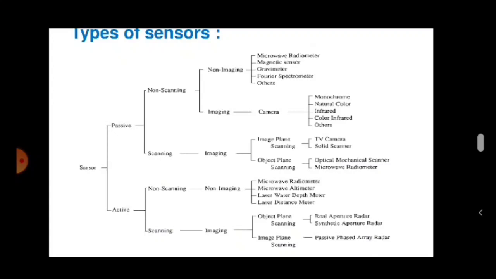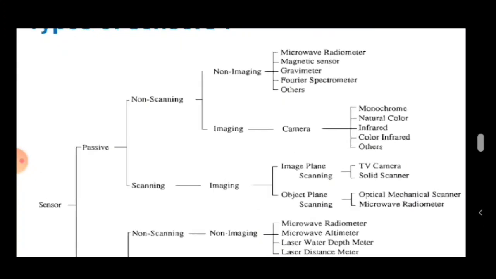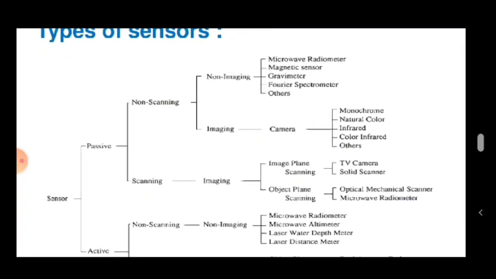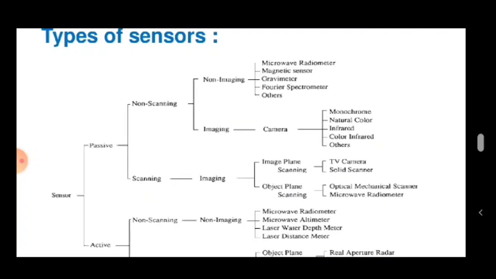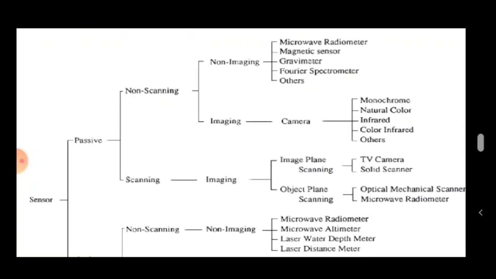And passive sensors are the sensors which detect reflected or emitted electromagnetic radiation from natural sources. So there are two types. Then passive sensors divide into another two categories.